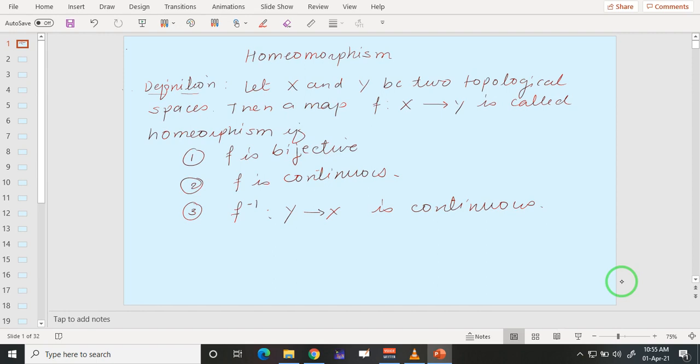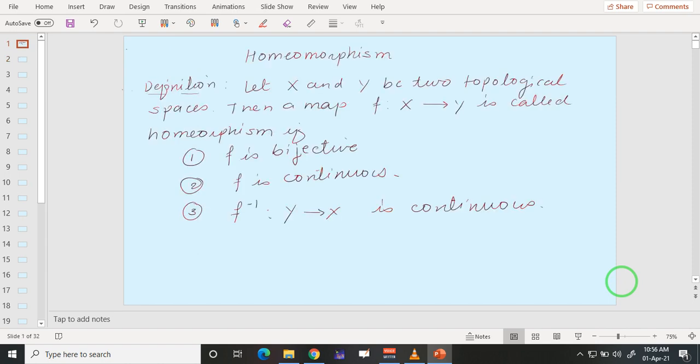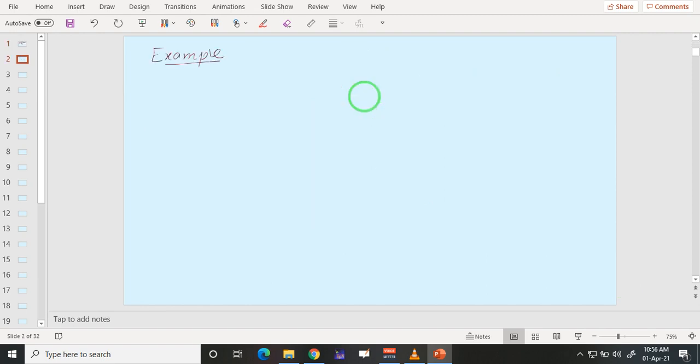Okay, one more point here. If f is a homeomorphism from X to Y, that function need not be unique. You can define another function which satisfies this condition, and then we can say that X and Y are two homeomorphic spaces, right? So it's not a unique one.